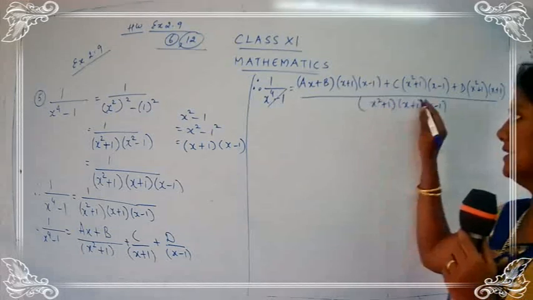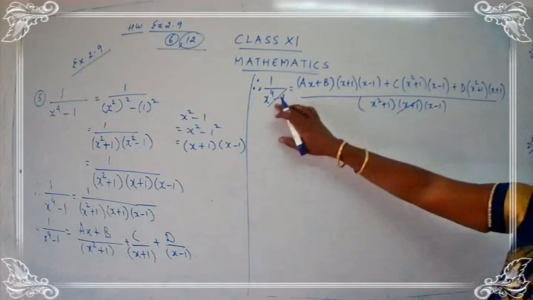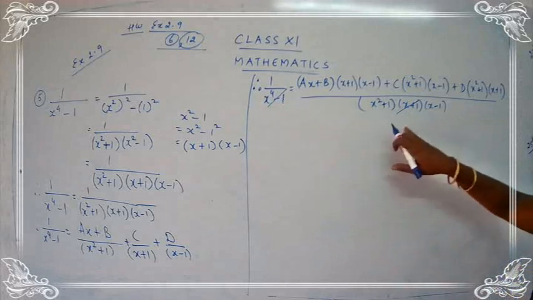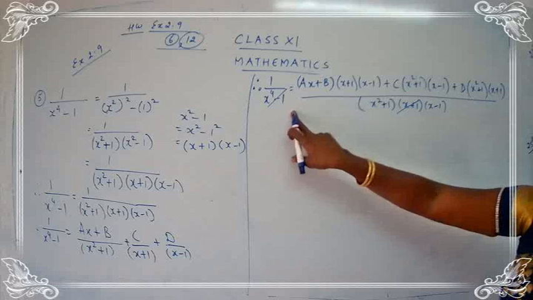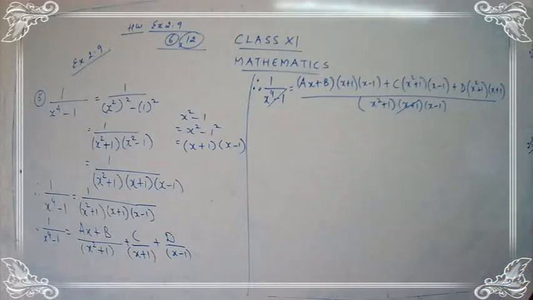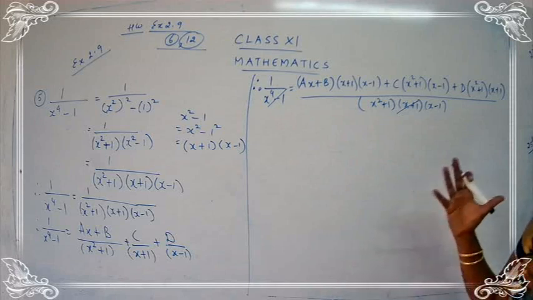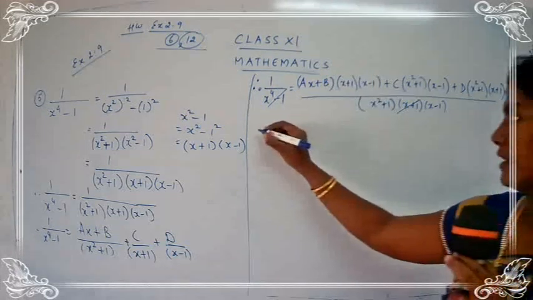So we are going to cancel the denominators because you may feel that this is x raised to 4 minus 1 and this is x square plus 1, x plus 1, x minus 1. We got this value by factorizing x raised to 4 minus 1, so both the values are equal. Now our actual work starts. First of all, let us write the numerator part.